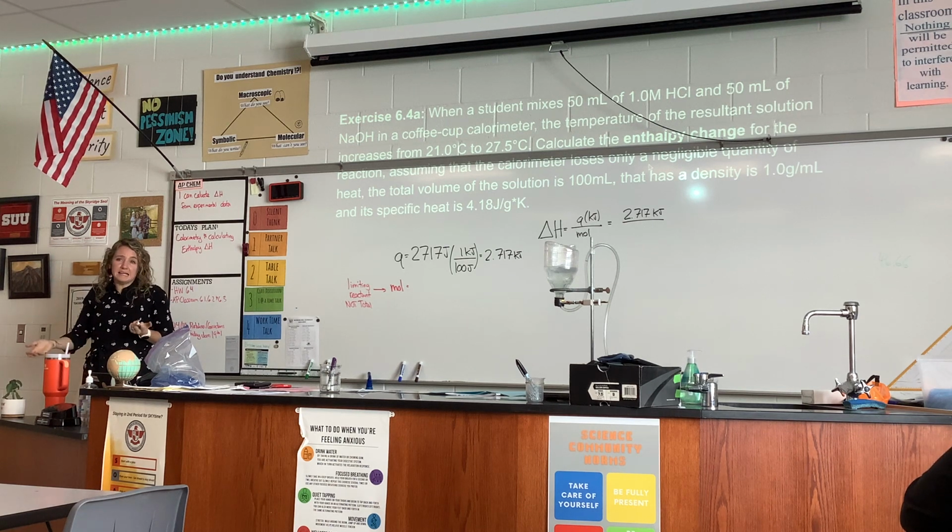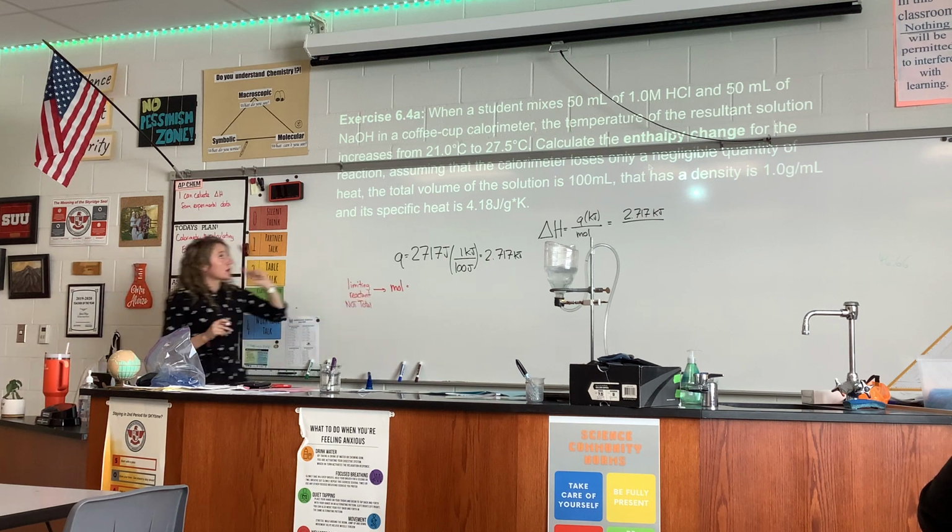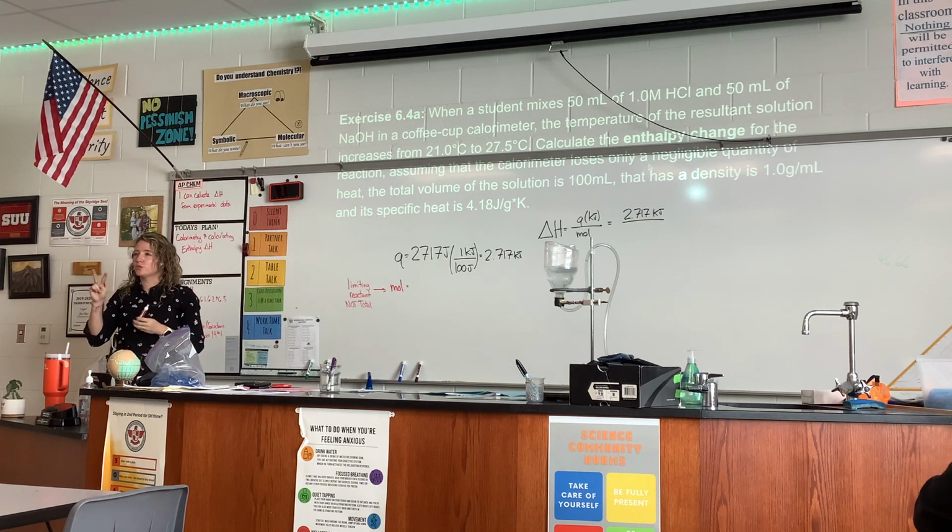The reason being is, once I run out of wood, my fire is going to stop. And so we want to only focus on which one got used up first. In terms of a wood fire, the other reactant is oxygen, and there's always going to be plenty of oxygen surrounding my fire. Okay, so go to the equation, and we need to see what are the two things that reacted, and see which one's going to run out first.